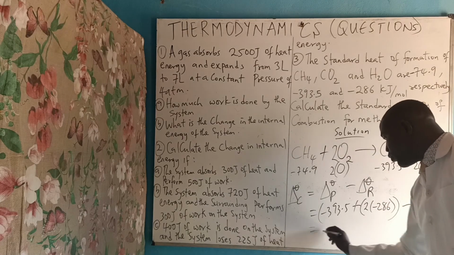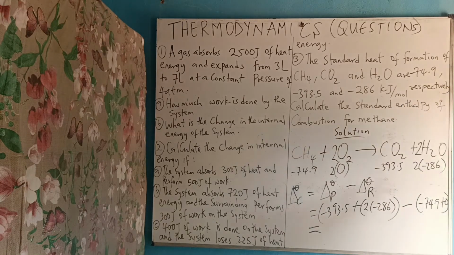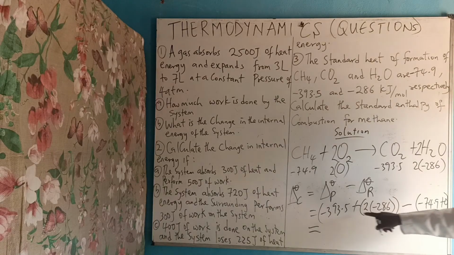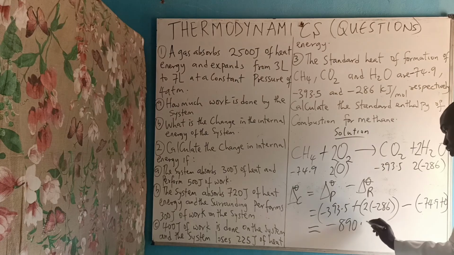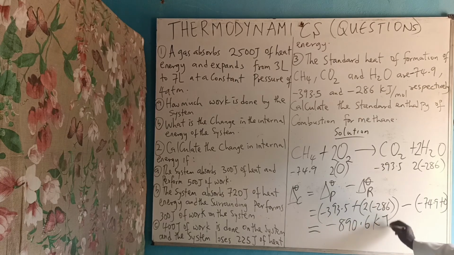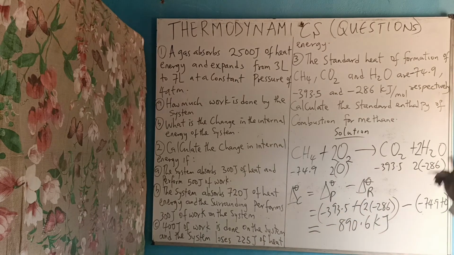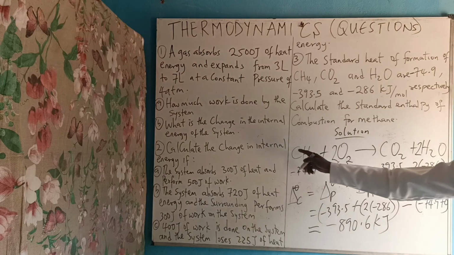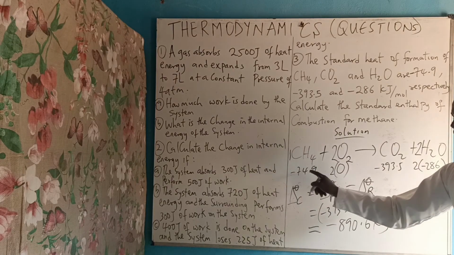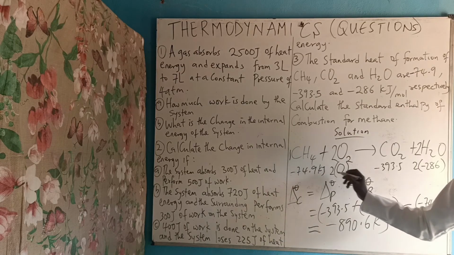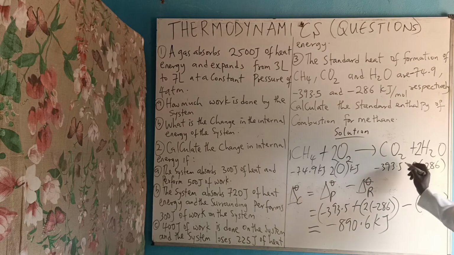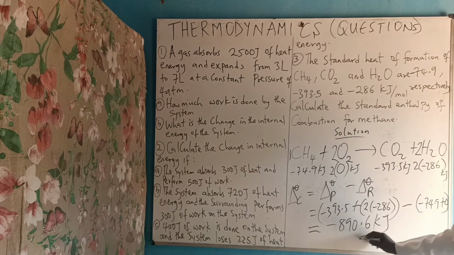Once you compute it, you will notice that what you'll be getting is minus 890.6 kilojoules. You shouldn't put per mole because this mole I've taken, this is 1 mole. 1 mole times this, it will be in kilojoules. So this is the answer to the question.